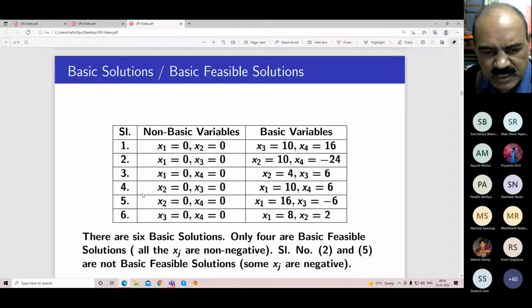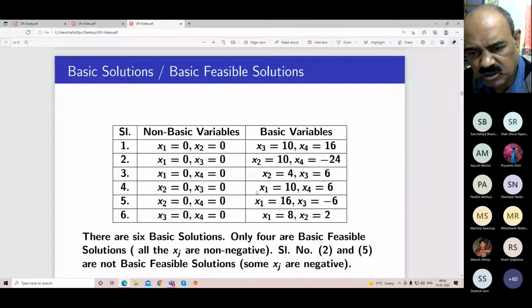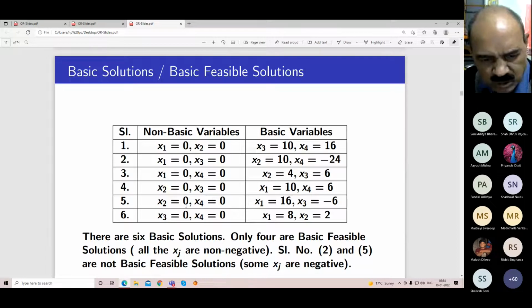Number 4, x2 = 0, x3 = 0. We are finding x1 equal to 10 and x4 equal to 6. So this is a basic solution, and also a basic feasible solution. Fifth one, x2 = 0, x4 = 0. We are finding x1 equal to 16, then x3 equal to minus 6.